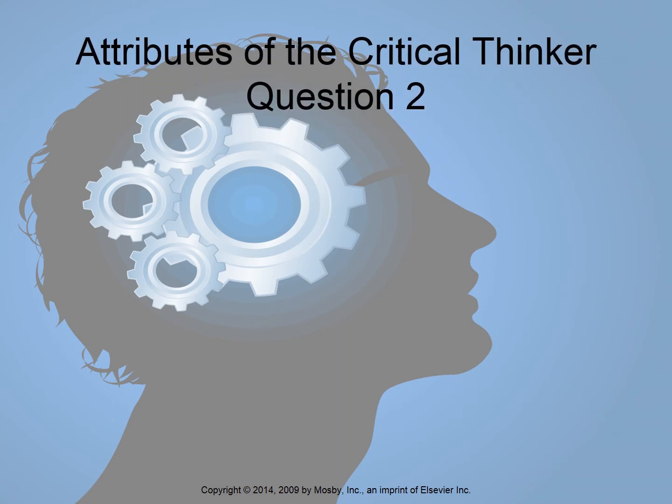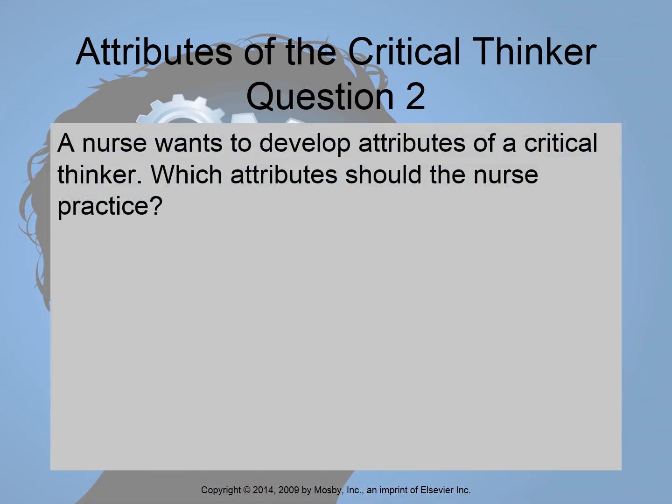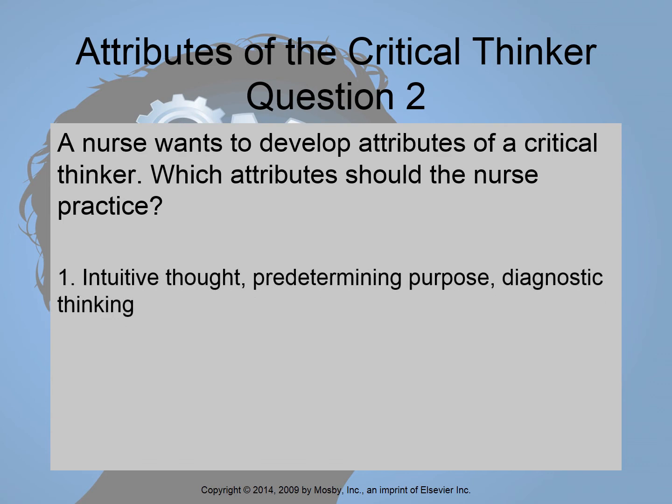Okay, so let's look at practice question number 2, attributes of the critical thinker. A nurse wants to develop attributes of a critical thinker. Which attributes should the nurse practice? Will it be intuitive thought, predetermining purpose, diagnostic thinking?